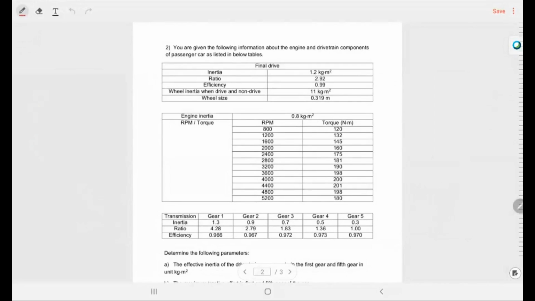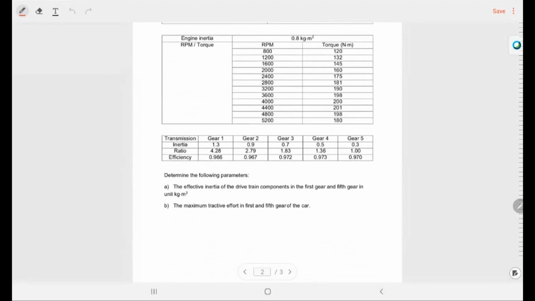The first table is the final drive information, the second table is regarding the engine inertia and also the engine speed or torque, and the last table is regarding the transmission.